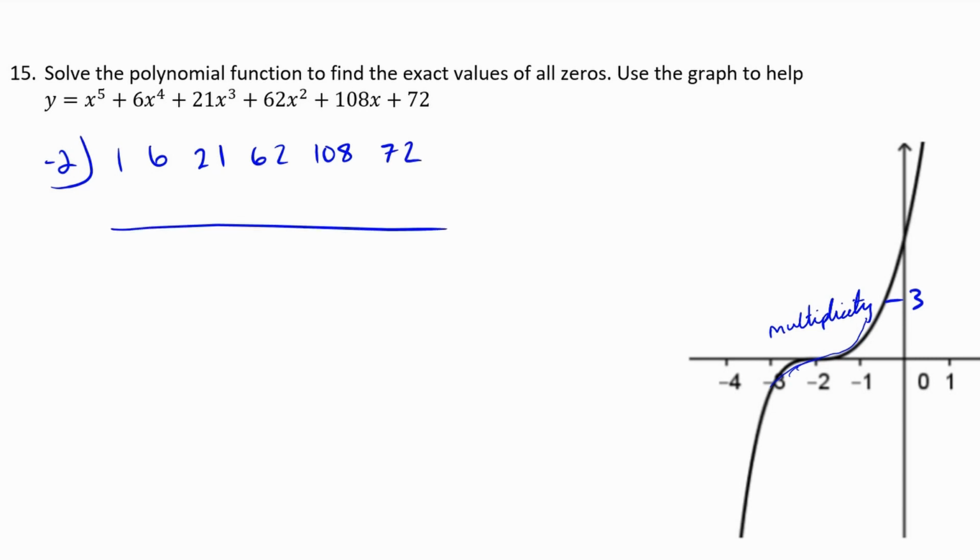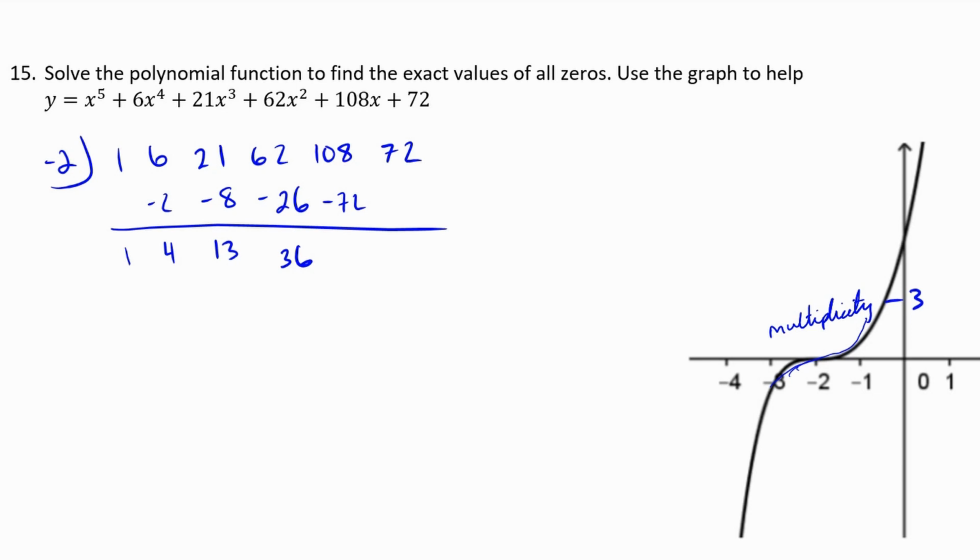So let's do this. 1, -2, that's going to get me 4. And then I get -8, 21 minus 8, that's going to be 13. -2 times 13 is -26. 62 minus 26 is 36. -2 times 36 is -72.